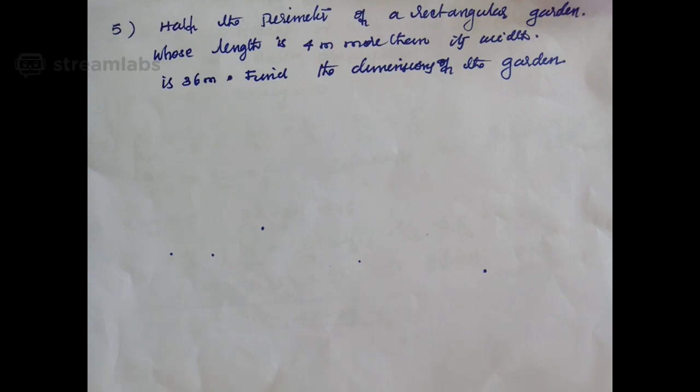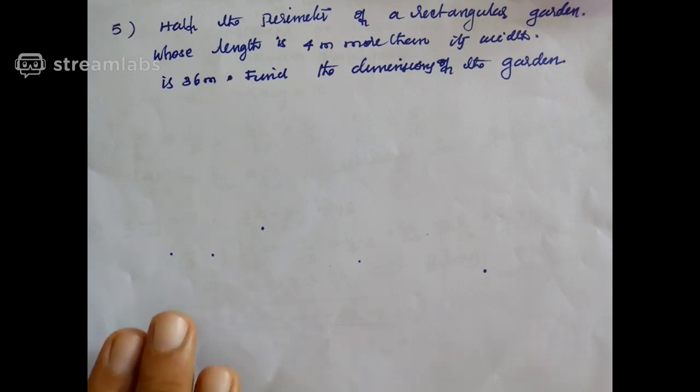Half the perimeter of a rectangular garden whose length is 4 meter more than its width is 36 meter. Find the dimensions of the garden. Means length and breadth of the garden you have to find using linear equations.